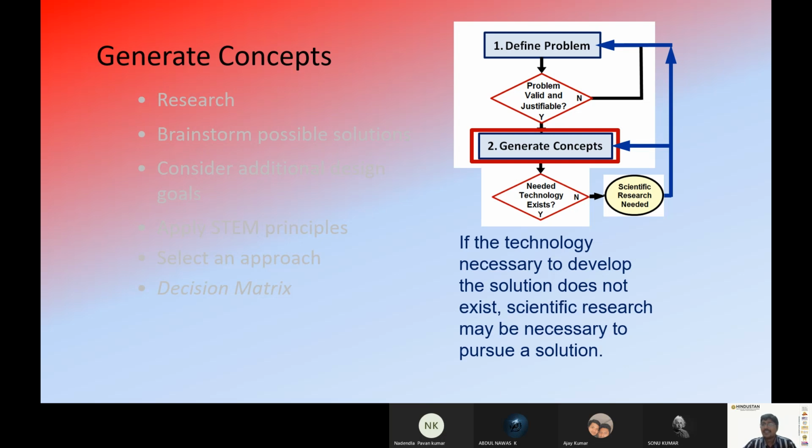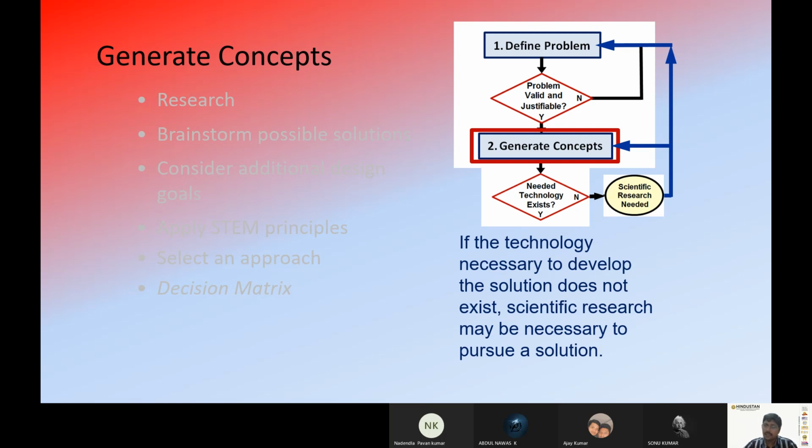The second thing is generating concepts. We generated the concepts, arranged everything inside the matrix, and checked whether the particular technology is available. If the technology is available, we move to the next one, developing the solution.